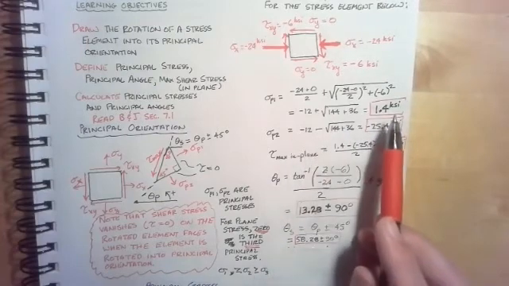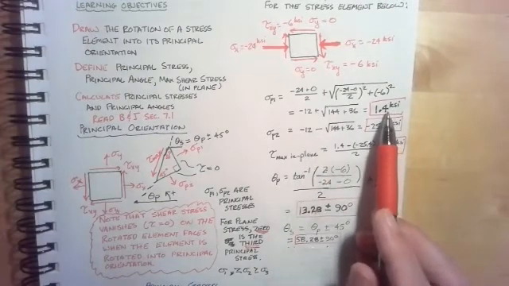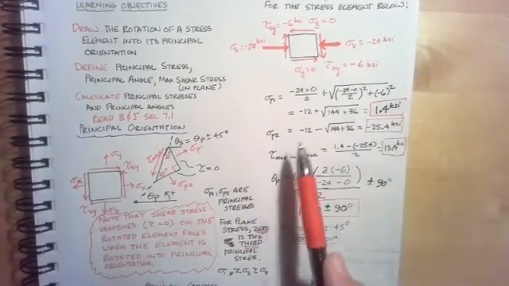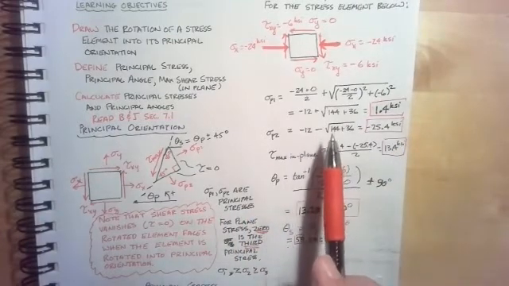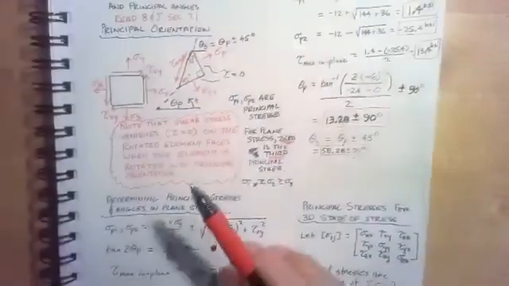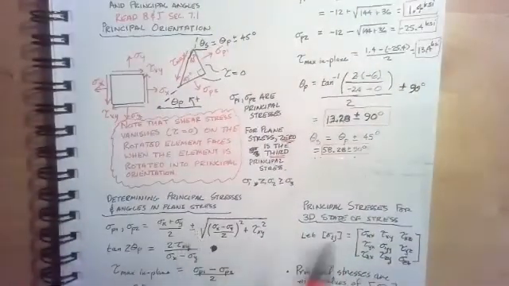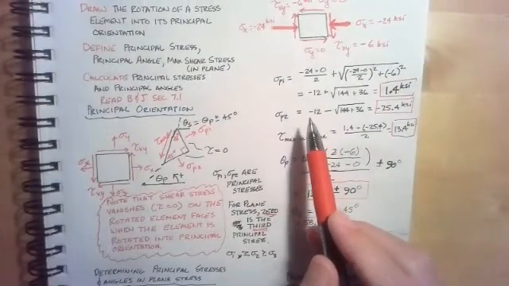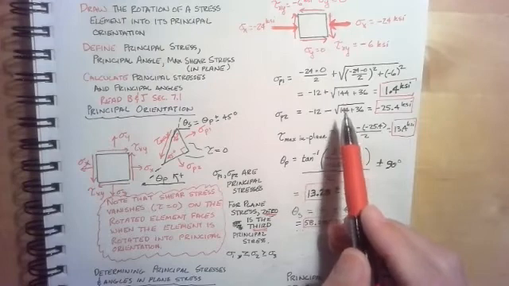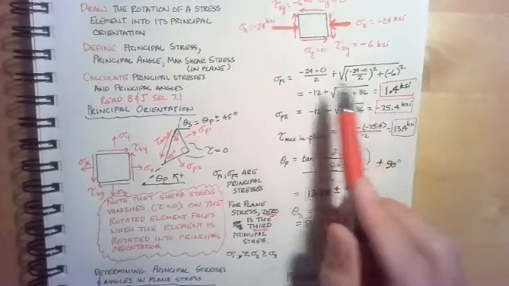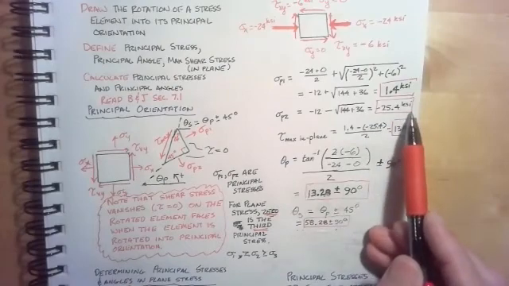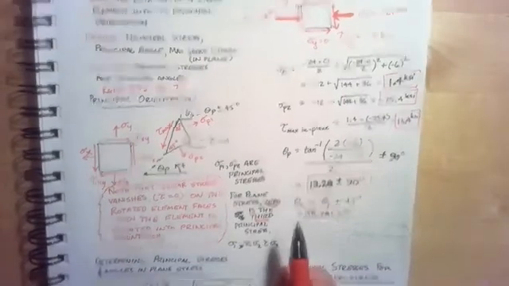And when I do the simplification there, I get sigma P1 of 1.4 ksi. Sigma P2 would be given by taking the negative sign in this relationship. And we would have negative 12 minus the square root of 144 plus 36, which is this thing here. And I would have negative 25.4 ksi.